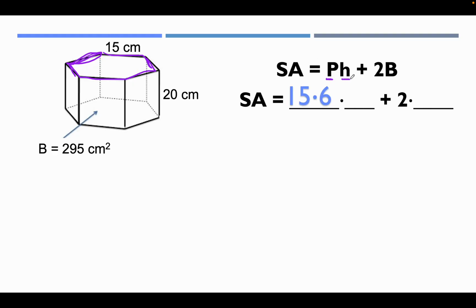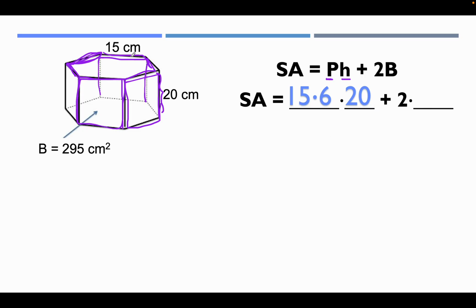And then we're going to multiply that by h, which in this case is 20. And what that does is that actually gives us the area of all of these rectangles going around, because it's 15 times 20, 6 times. So that's essentially what this says.